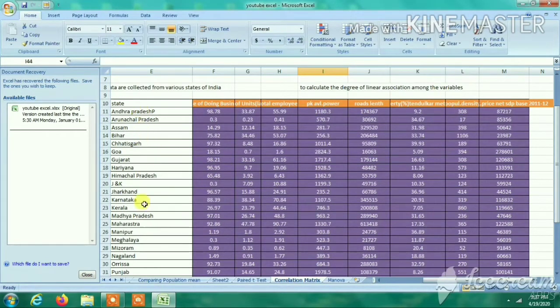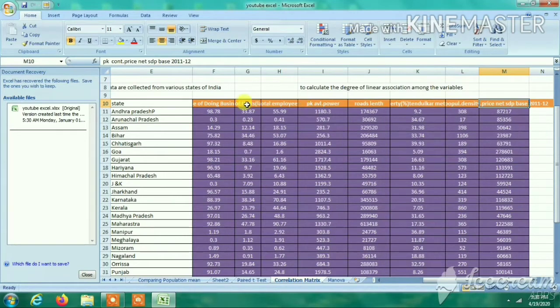This data set represents different states and different variables, and this is imaginary. For example, ease of doing business index, number of manufacturing units, number of employees, per capita availability of power, road length, poverty according to the Tendulkar method, population density, and per capita GDP at constant prices.